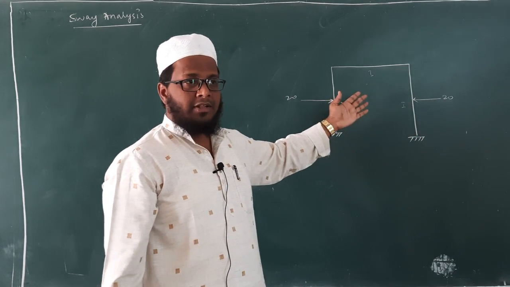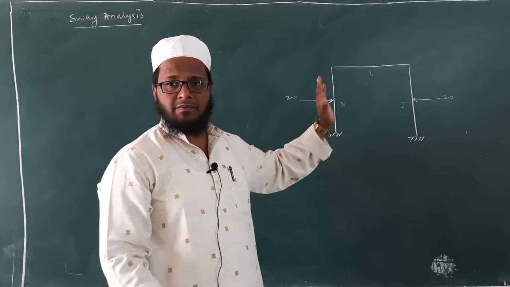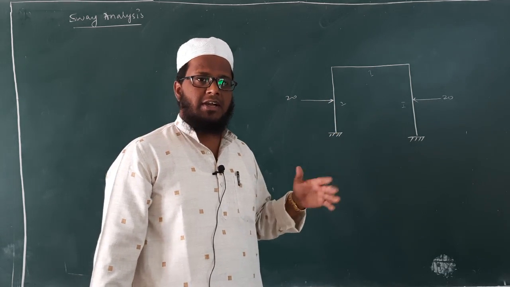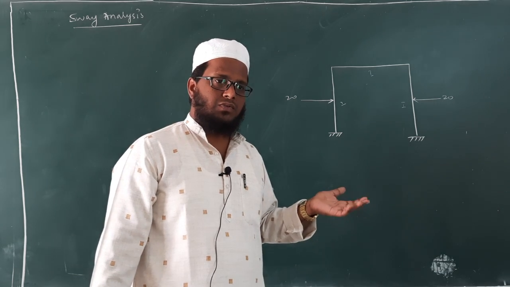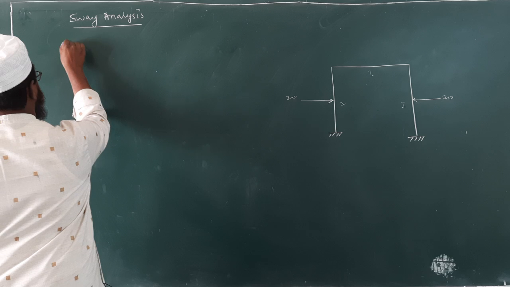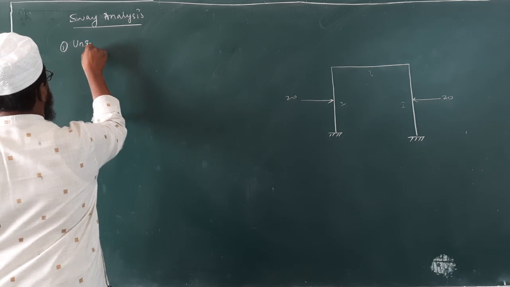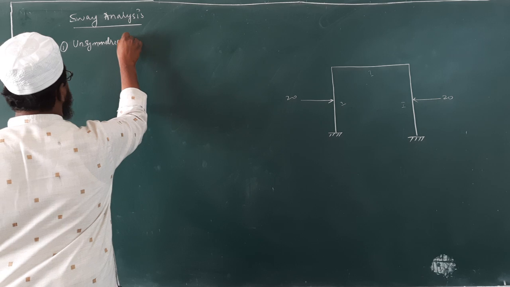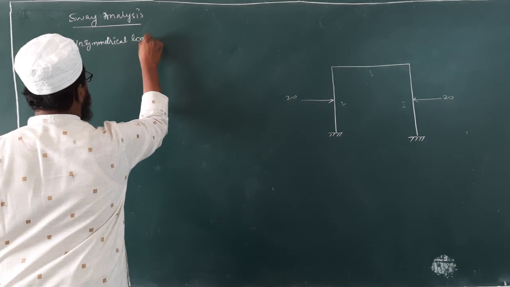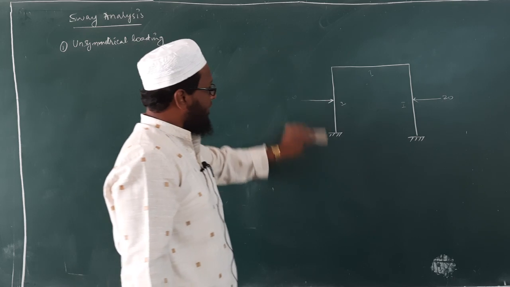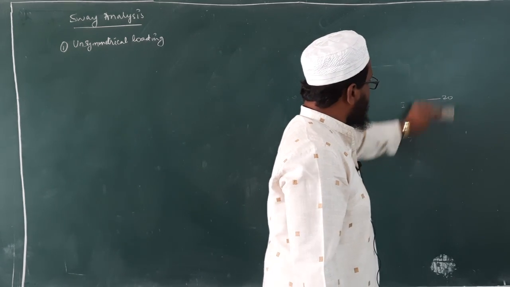But when there is difference or when the frame is unsymmetric, the entire frame will go in sway. So the very first condition is unsymmetrical loading. Suppose for example, I have a frame like this.